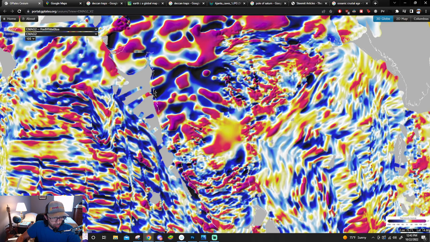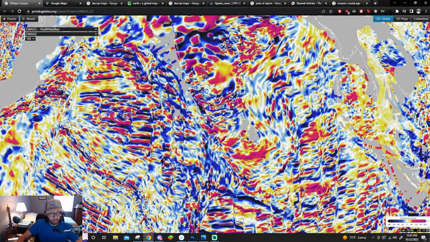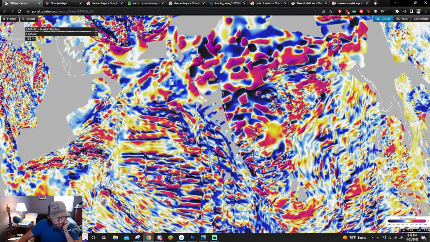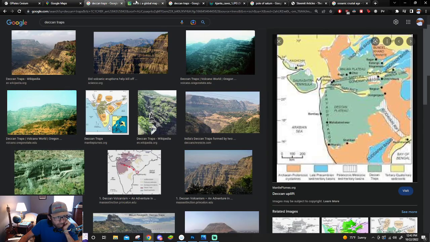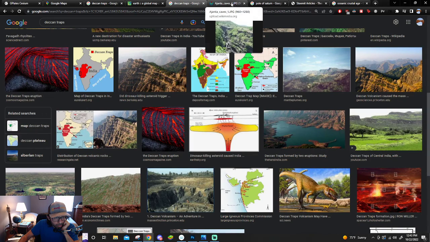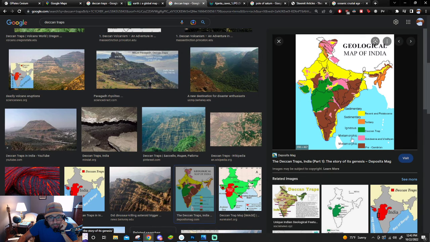It looks like it has a triple spiral, maybe. Yeah, they're flowing this way, generally speaking. Oh, look at that. It even carved channels by the winds.